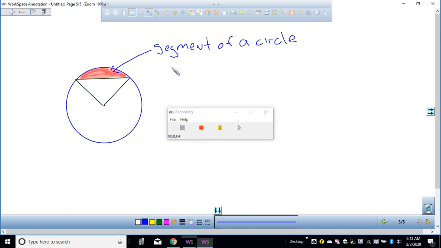So that is equal to the area of the sector minus the area of the triangle. Fine. So it depends on the problem, on what you're going to see.